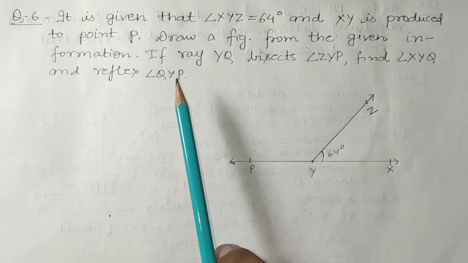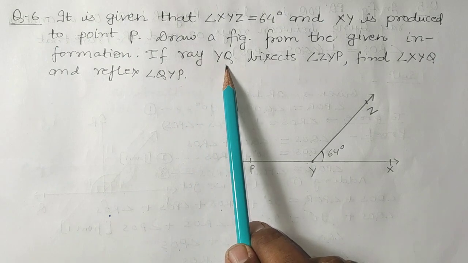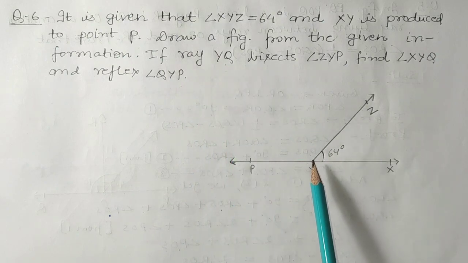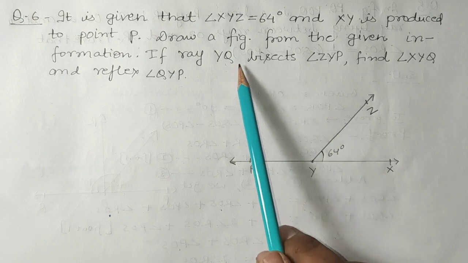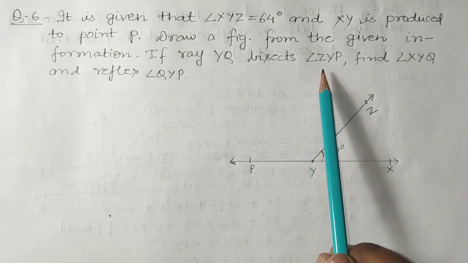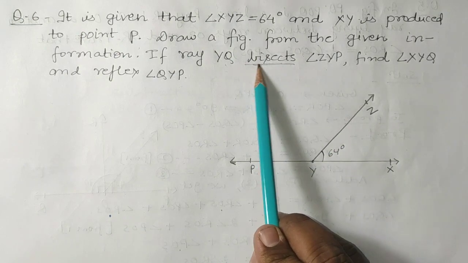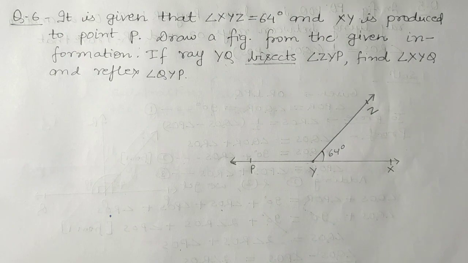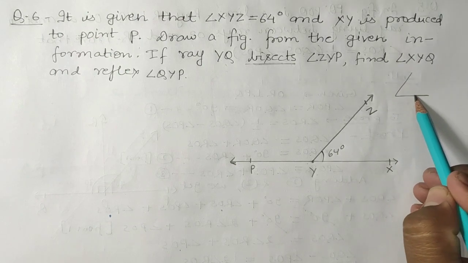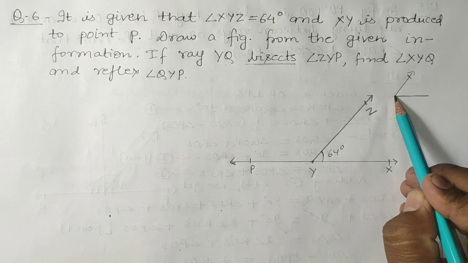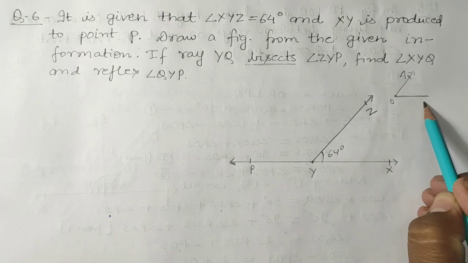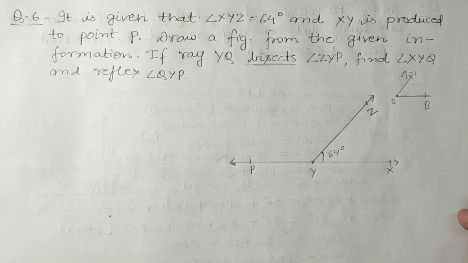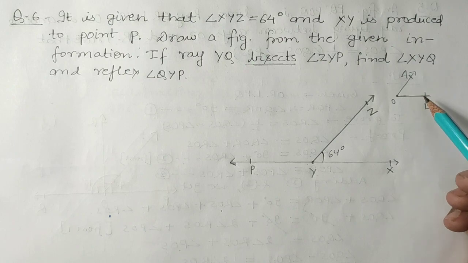Now the question is, if ray YQ, a ray starting from Y, bisects angle ZYP. What is the meaning of bisect, students? Bisect means dividing into two equal parts. Suppose there is an angle AOB, and someone says that OS is the bisector of angle AOB.